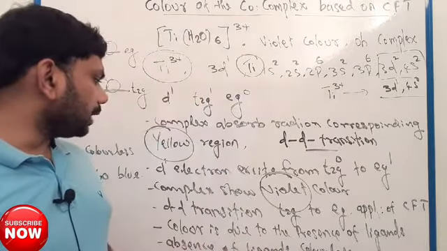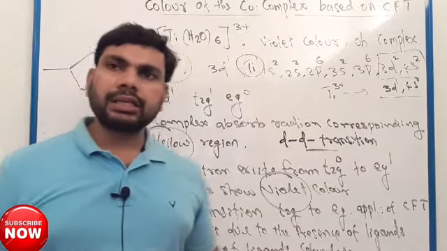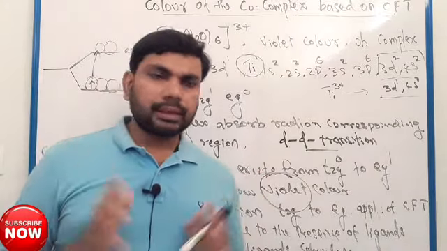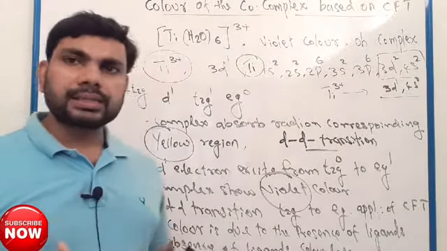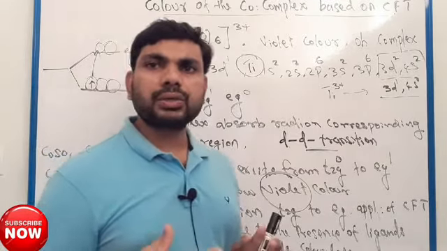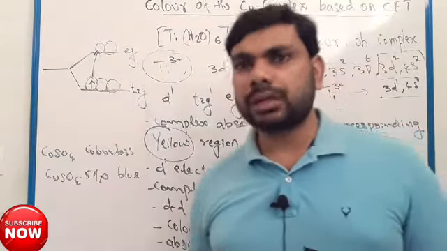Another thing you have to understand here: to produce color there must be ligands. Without ligands, transition metals do not produce color.